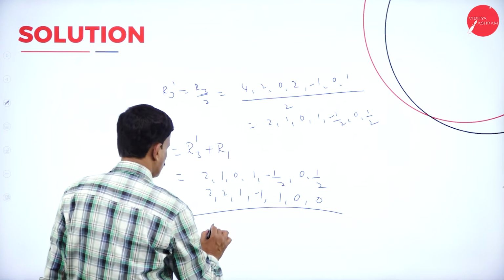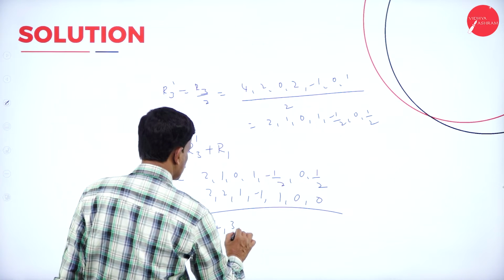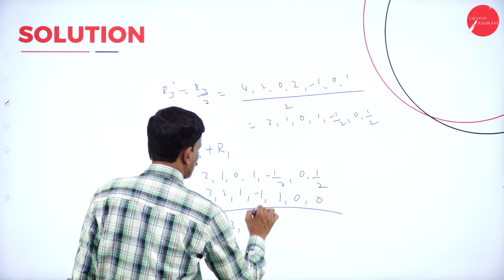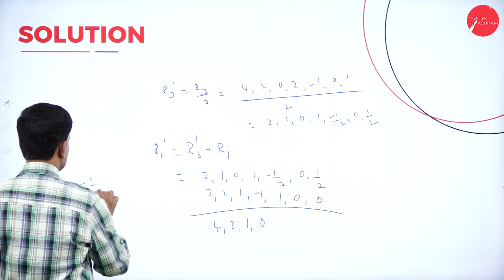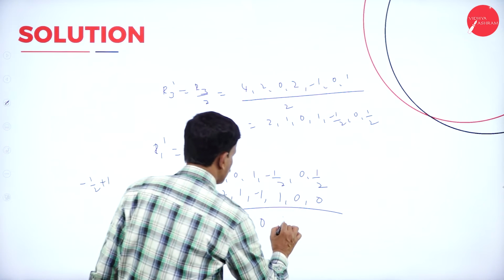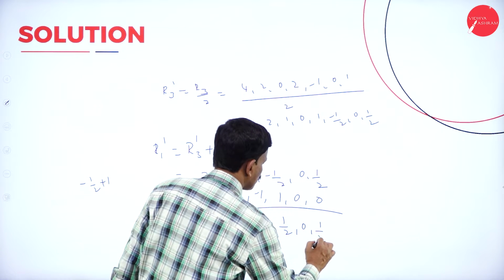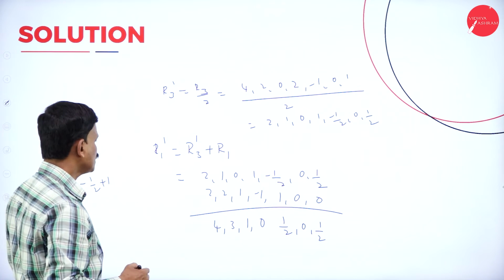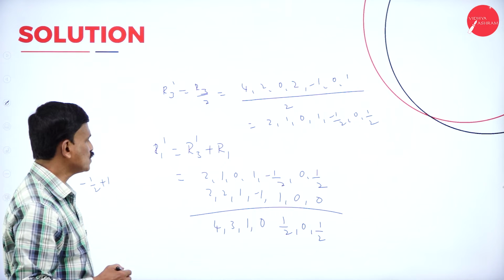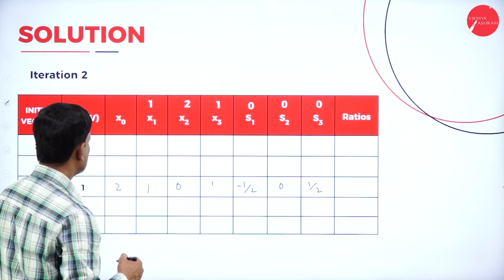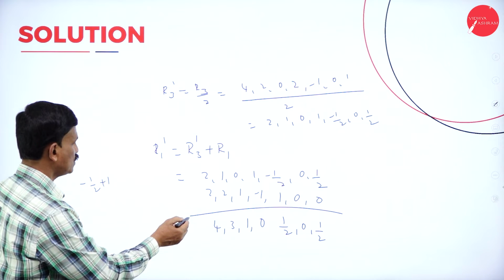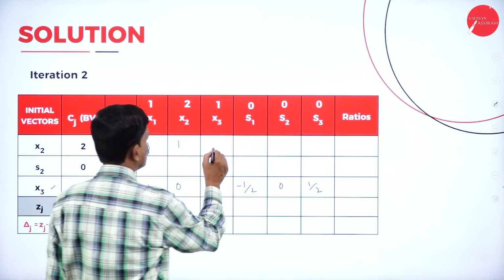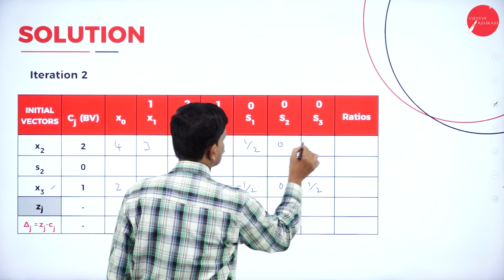Add this: 2 plus 2 is 4, 1 plus 2 is 3, 0 plus 1 is 1, 1 minus 1 is 0. So I will write the elements as 4 3 1 0 1 by 2 for R1 dash.